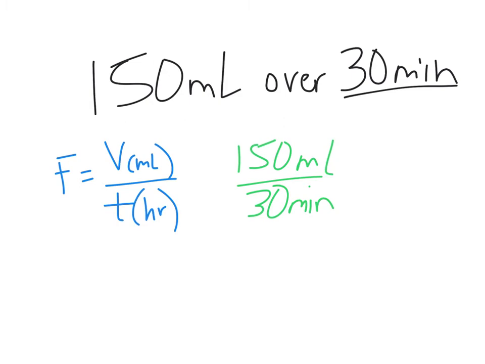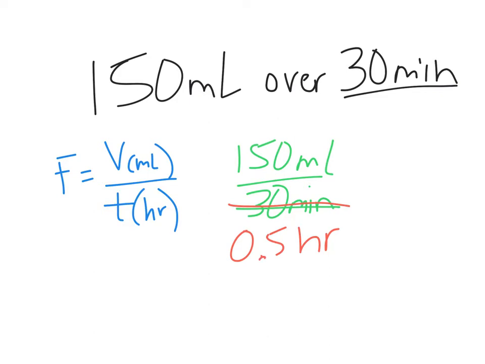I don't want to know milliliters per minute. I want to know milliliters per hour. So I'm going to have to convert the 30 minutes into hours. Off the top of our head, you guys might be thinking, well, 30 minutes is half an hour. That's correct. 30 minutes would be 0.5 hours.